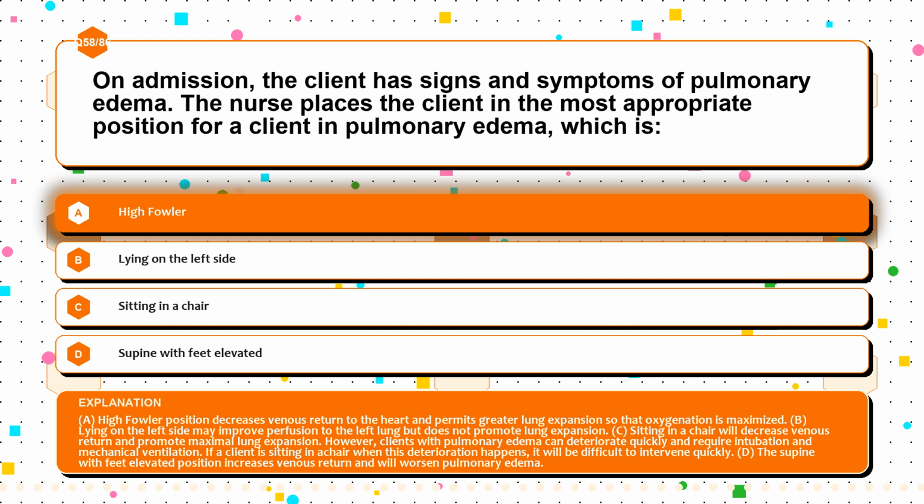However, clients with pulmonary edema can deteriorate quickly and require intubation and mechanical ventilation. If a client is sitting in a chair when this deterioration happens, it will be difficult to intervene quickly. D. The supine with feet elevated position increases venous return and will worsen pulmonary edema.